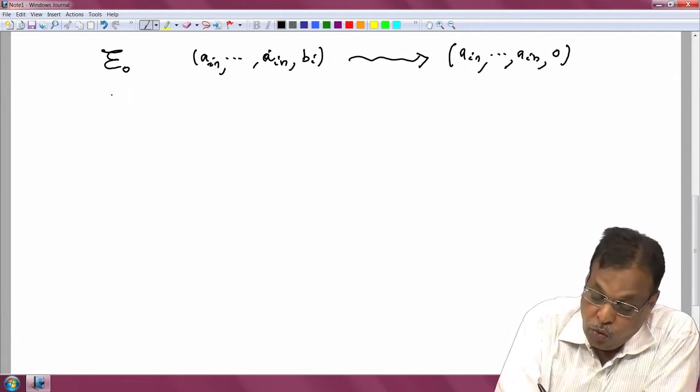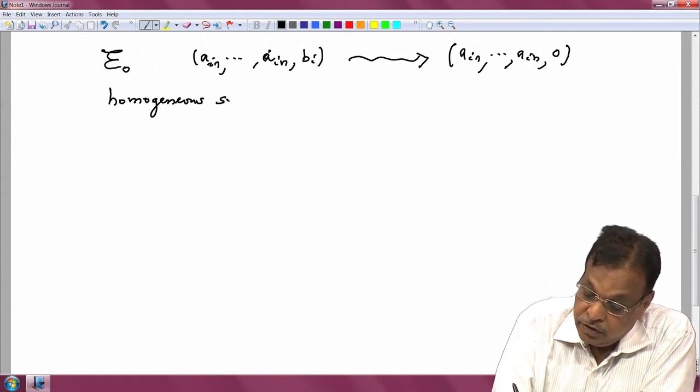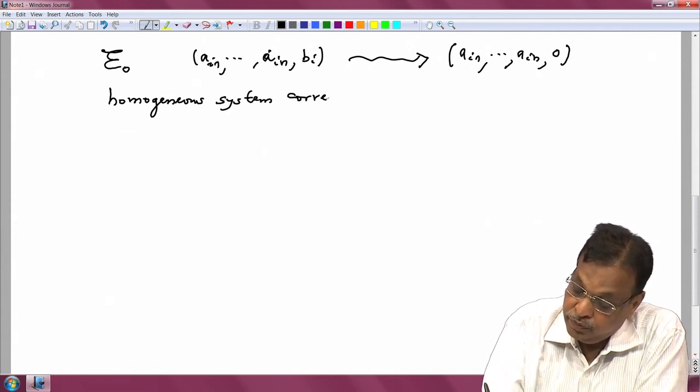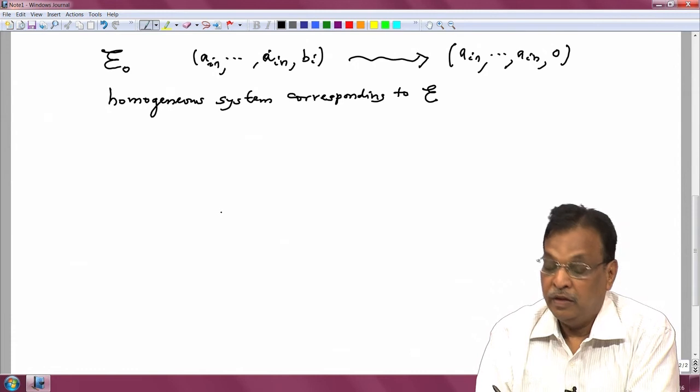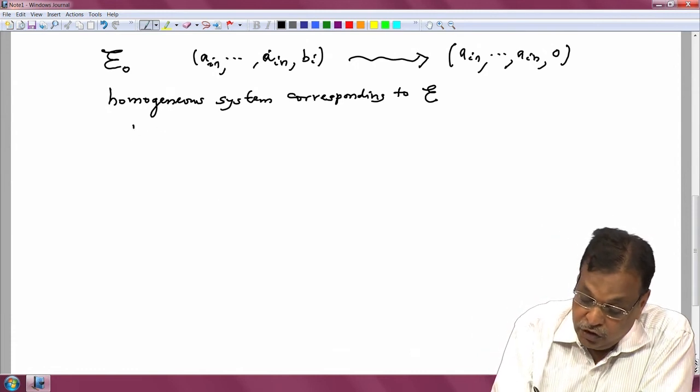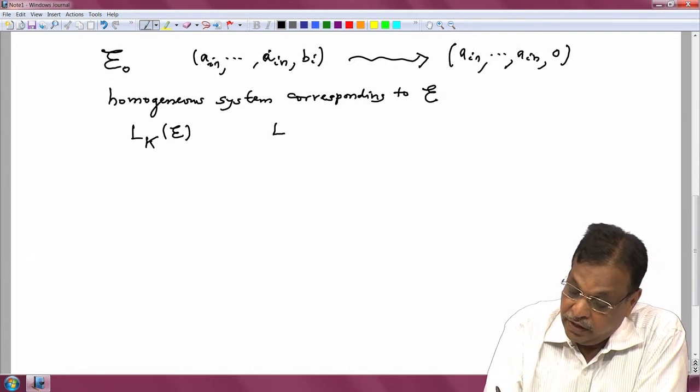So, this is called a homogeneous system corresponding to E, and we want to relate these two solution sets LKE and LKE0.